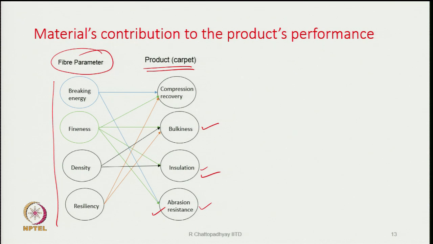Such a diagram one has to make in order to know that this performance is related to these basic properties of the fiber. Therefore, we can choose the right type of fiber. So, this sort of capability the designer must have.